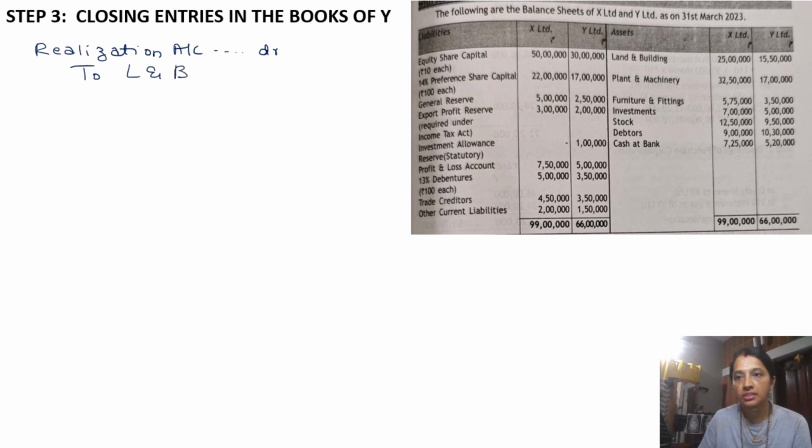Land and buildings 15,50,000, 15.50. Then to plant and machinery account 17 lakhs.